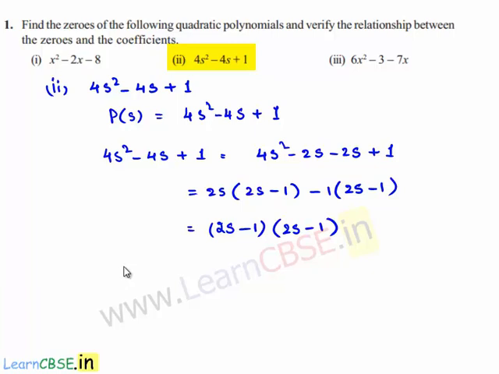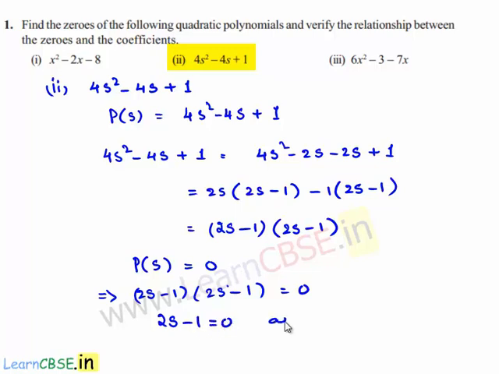So in order to find the zeros of the polynomial, we need to equate the polynomial to 0. We will be getting 2s minus 1 times of 2s minus 1 is equal to 0. So we can write 2s minus 1 is equal to 0 and 2s minus 1 is equal to 0.